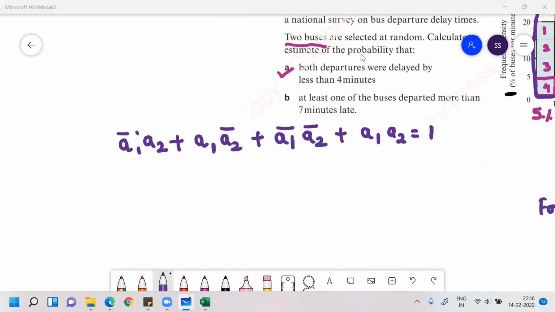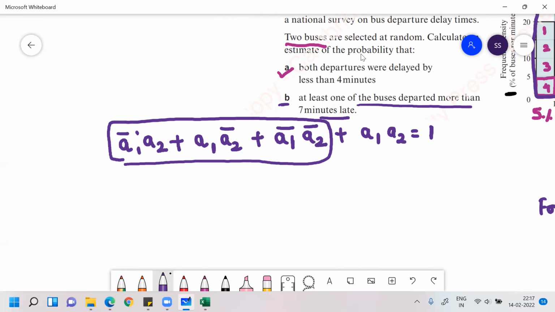For this question, what we need to find is the probability that at least one of the buses is more than 7 minutes late. Here, delay means those buses which reach more than 7 minutes late, and on time means those which reach before 7 minutes. So we need to find the probability that at least one bus is more than 7 minutes late, so we need to consider all these cases.